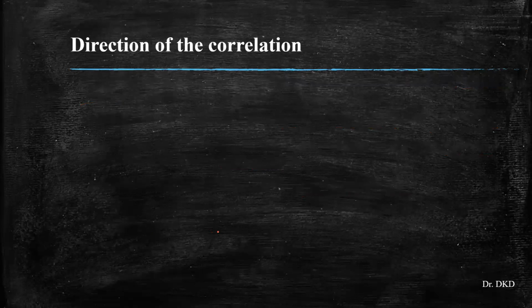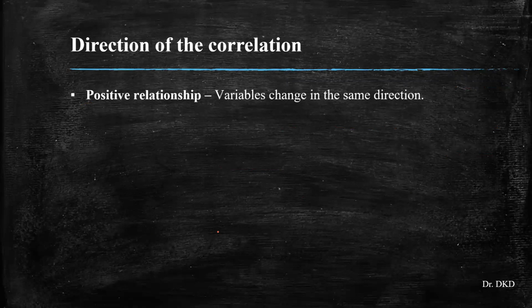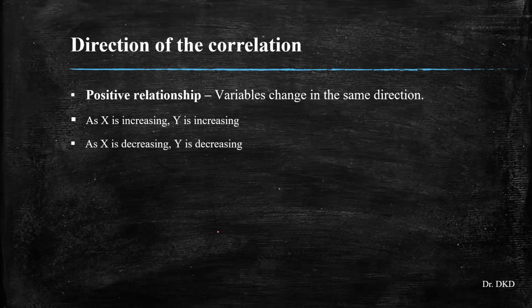Now we need to understand the direction of the correlation. In a positive relationship, variables change in the same direction. For example, as the value of x is increasing, variable y is increasing, and as x is decreasing, y is decreasing.